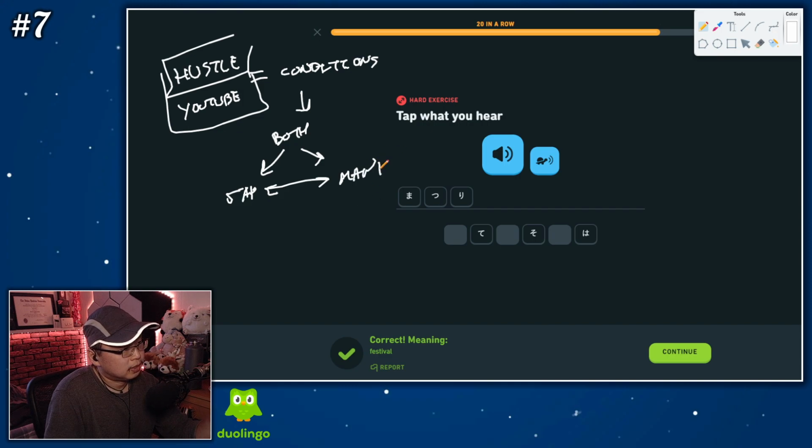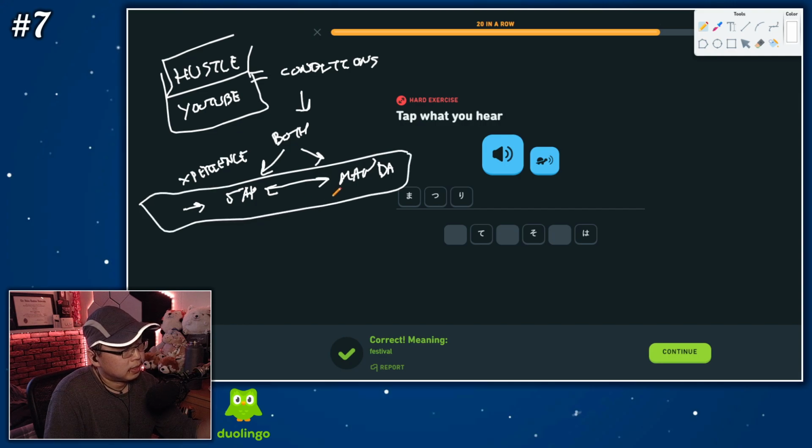And oftentimes, yes, you could do this if you have enough experience. But when you think about that Mandarin and Japanese both exist, it can be overwhelming.